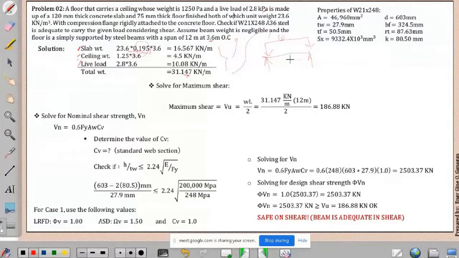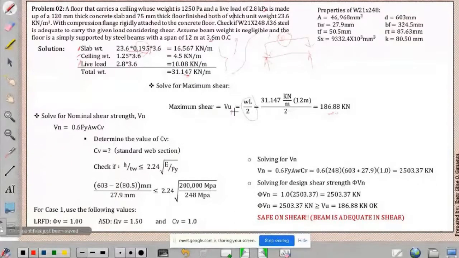Our W is 31.135. To solve for the ultimate load, when we have a uniform load, it is just equal to WL over 2. So our ultimate shear is 186.88 kilonewton. You can also draw the shear diagram, but for a simply supported beam with uniform load, our VU is equal to WL over 2. We need this ultimate shear because we will compare it to our design shear strength. If it is smaller than our design shear strength, our beam passes. If not, our beam does not pass in shear.